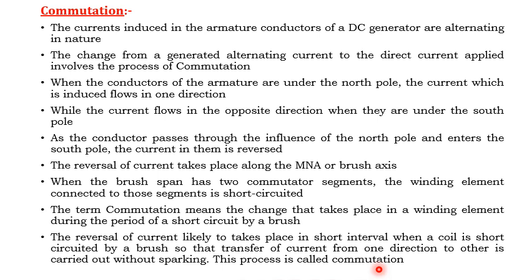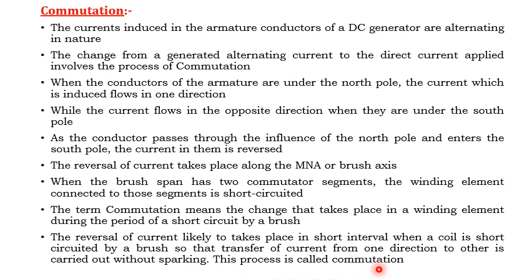During commutation, the reversal of current takes place in a short interval of time. The current passing through the north pole flows in one direction, and once it passes to the south pole, its direction changes.